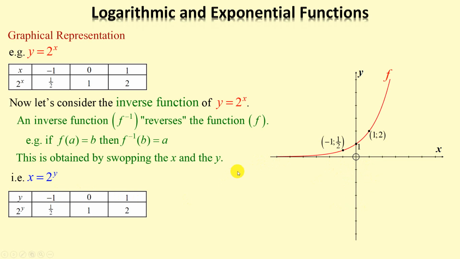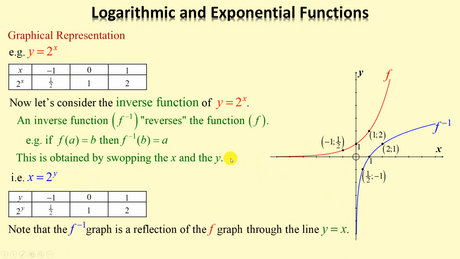Y is now what is called the independent variable. So there our 3 points are, and we'll draw in the graph, and you'll see it's asymptotic to the y-axis, which is logical, the negative part of the y-axis, because it's swapping x and y, and the exponential function is asymptotic to the negative part of the x-axis.